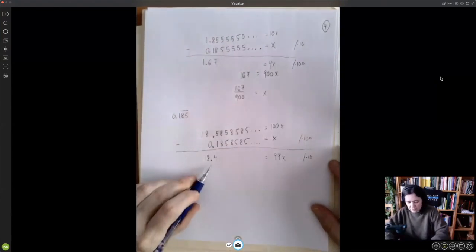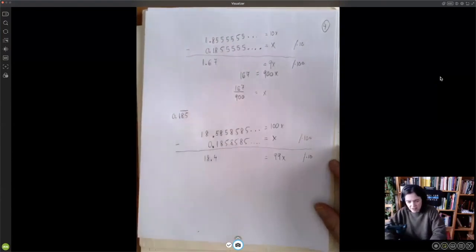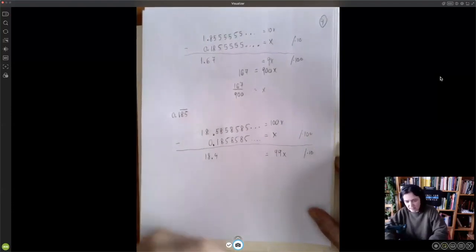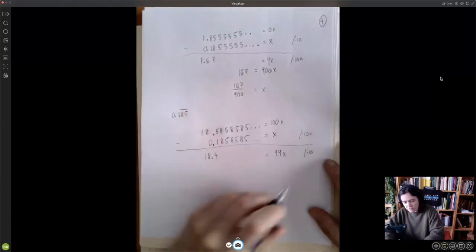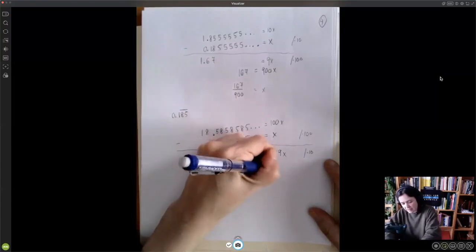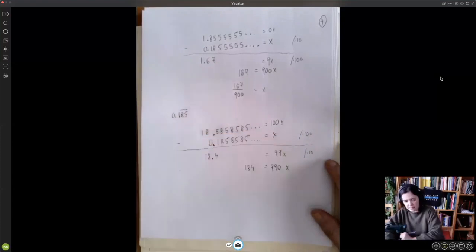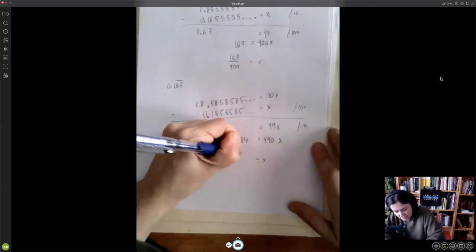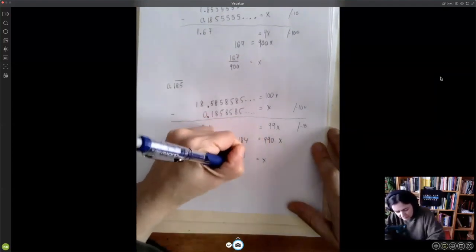In the first case, how many digits long is the repeating block? In the second case, well, what 10 power will fix this terminating decimal? So if we multiply both sides by 10, we get 184 here and 990x there. And when we solve for x, we get 184 divided by 990.